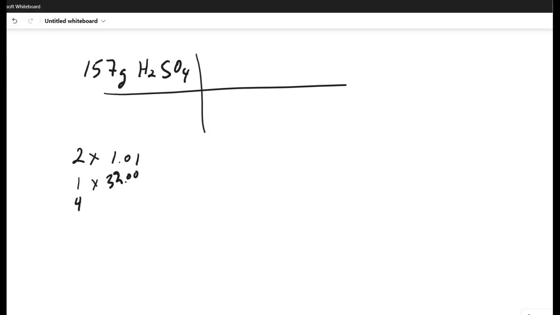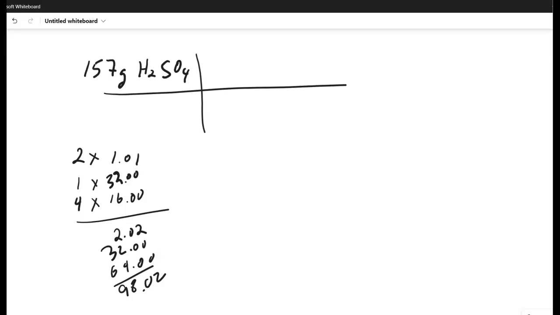I've got 4 times 16, which is 64. So that's 2.02 plus 32.06 plus 64, which is 98.02 grams per mole. 98.02 grams per every 1 mole of H2SO4.